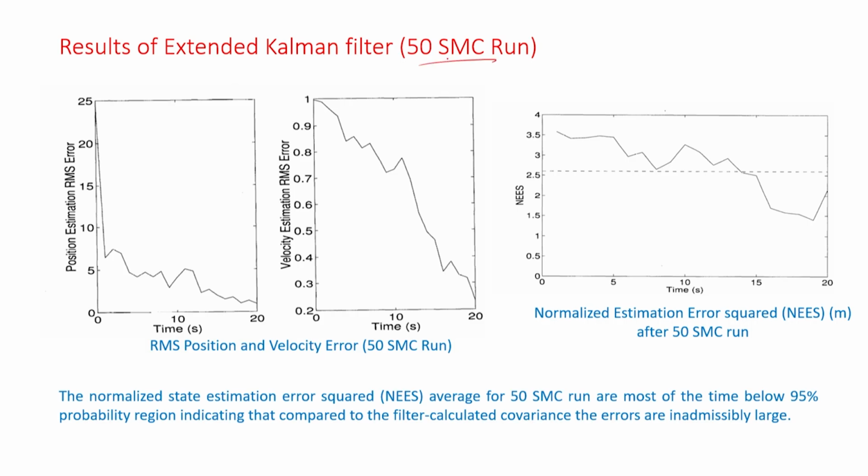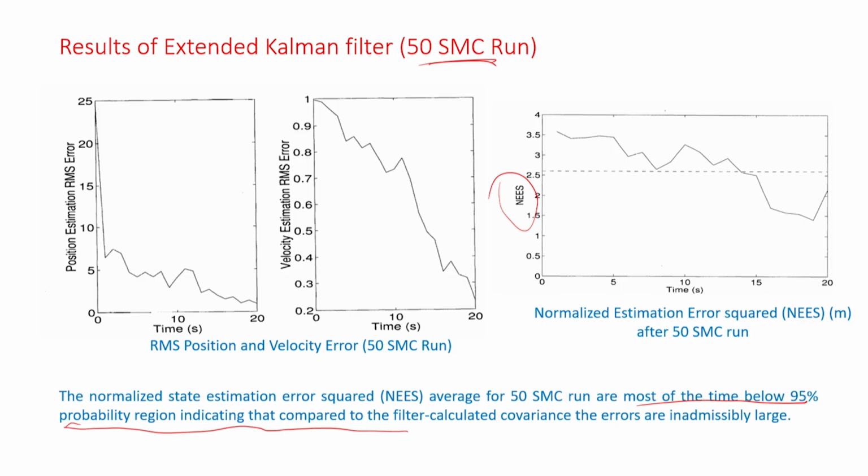So, this is only 50, but here you can see when I am plotting the normalized estimation error squared, that norm of estimation error, most of the time it is below the 95% probability region. So, the innovation is not holding its Gaussian property.